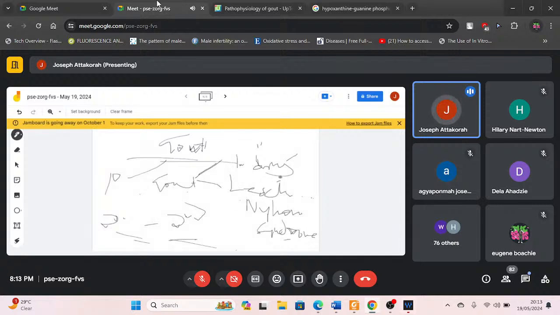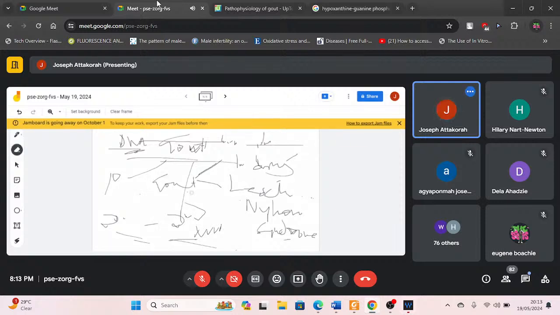When you lack that enzyme, if you have excess of the inosine monophosphate, this enzyme will not be there to push it back into the cellular pool. And therefore, we'll have more of these inosine monophosphate to cause the production of uric acid.